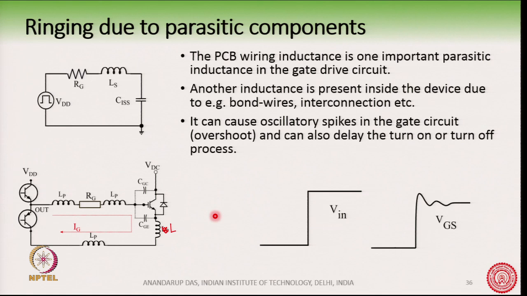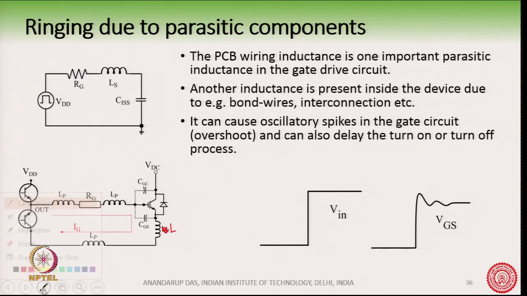And so, what will happen is that if this is an underdamped system, then this gate emitter voltage, we would ideally want to have like this, but because of the RLC circuit, the gate emitter voltage will be oscillating like this here.